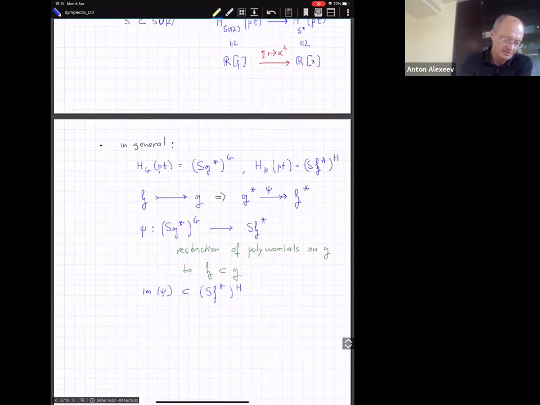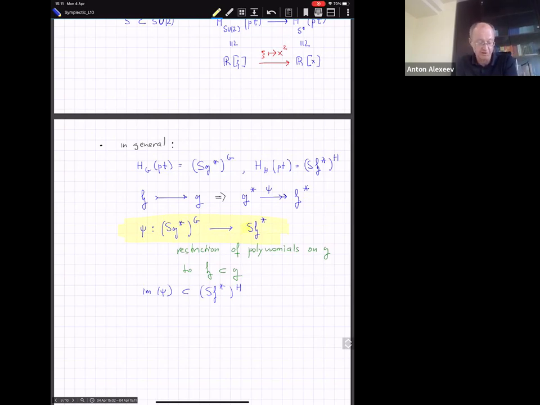When you say SU2 in SUN, there are different embeddings of SU2 into SUN, so those maps will depend on the embedding, but yes, that's the general result.